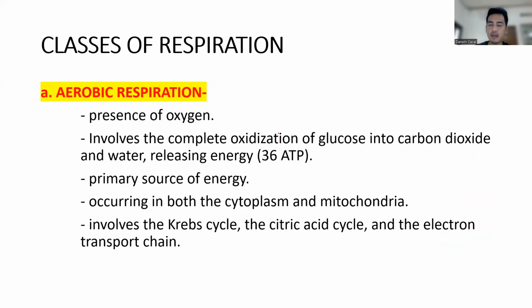If we say aerobic respiration, there is a presence of oxygen in the cells of the plants, involving the oxidation of glucose into carbon dioxide, wherein there is a release of energy. So how much energy is released during the aerobic respiration? In one cycle of aerobic respiration, it produces almost 36 adenosine triphosphate.